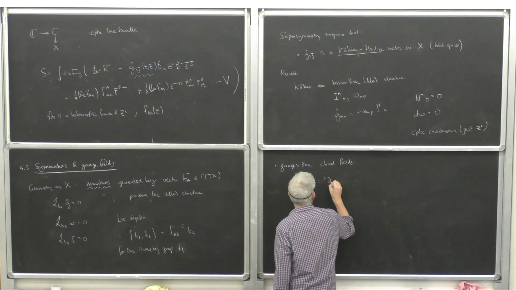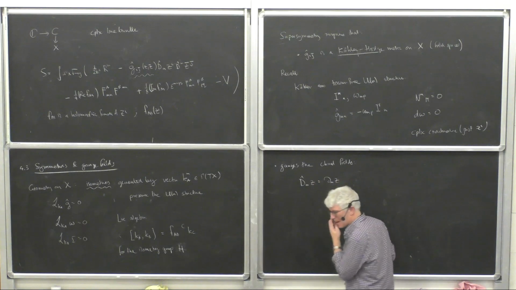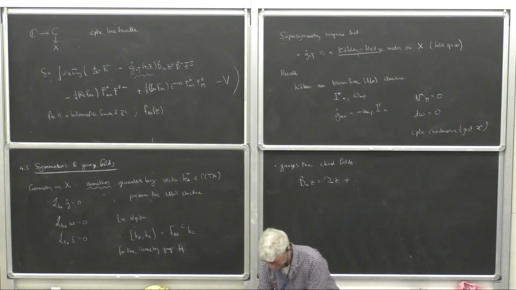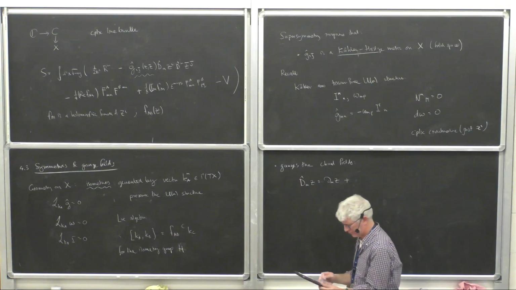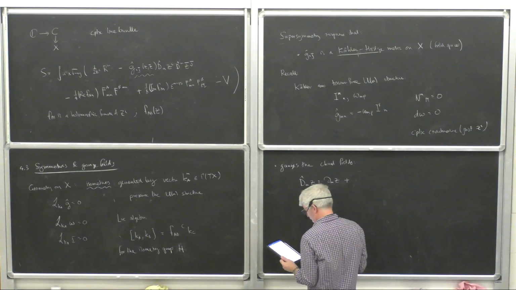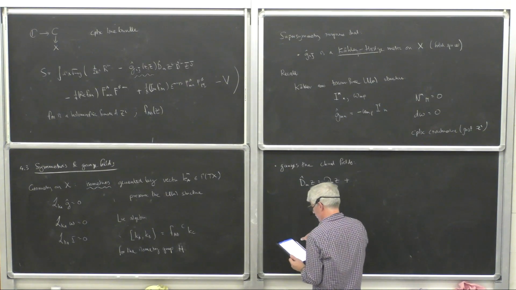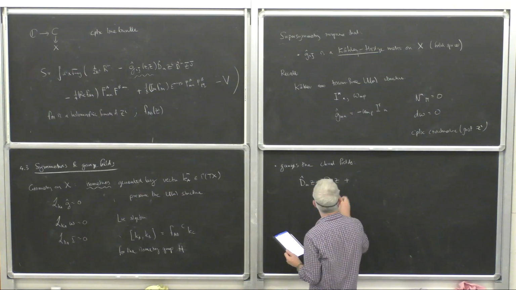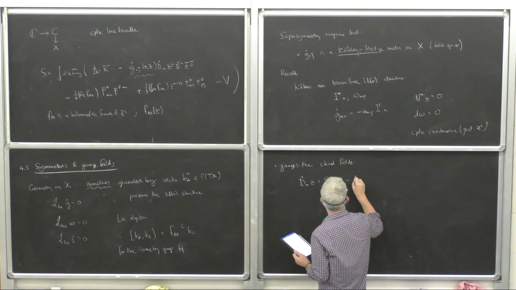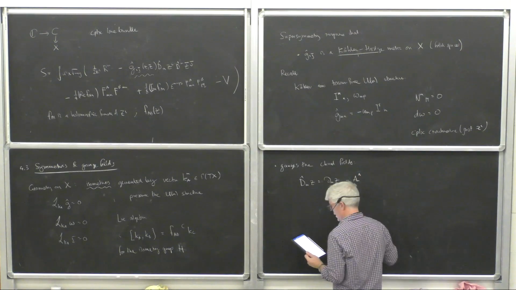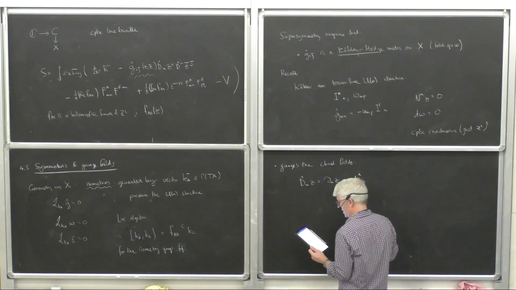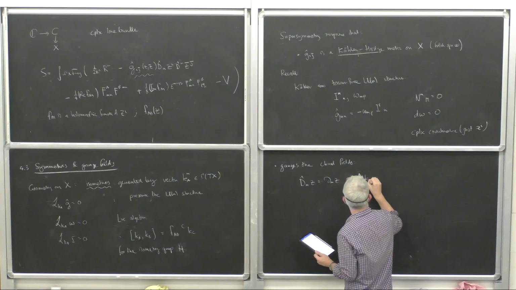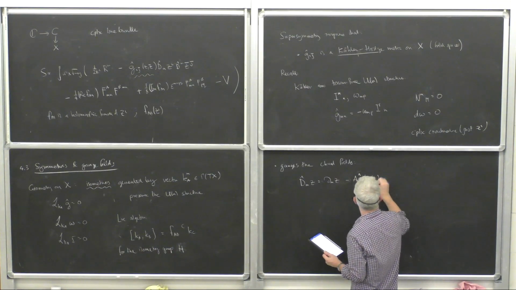This looks like d_mu z minus A_mu^A times K^A as a function of z.